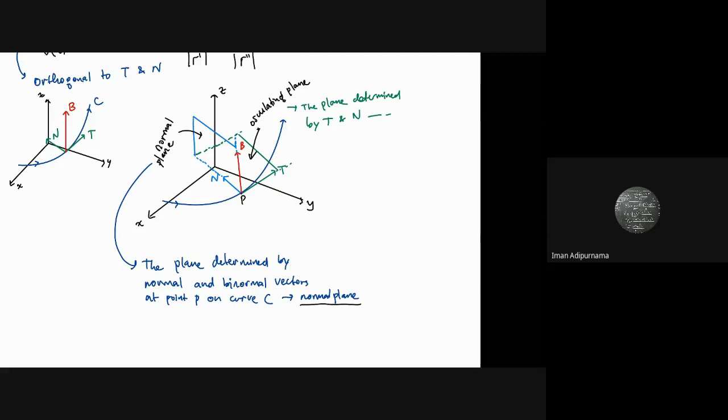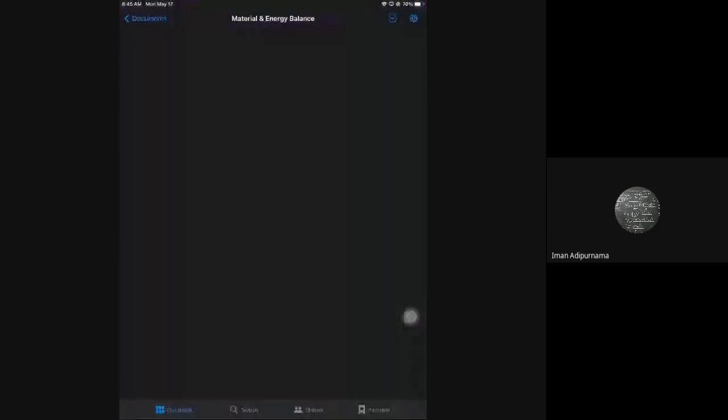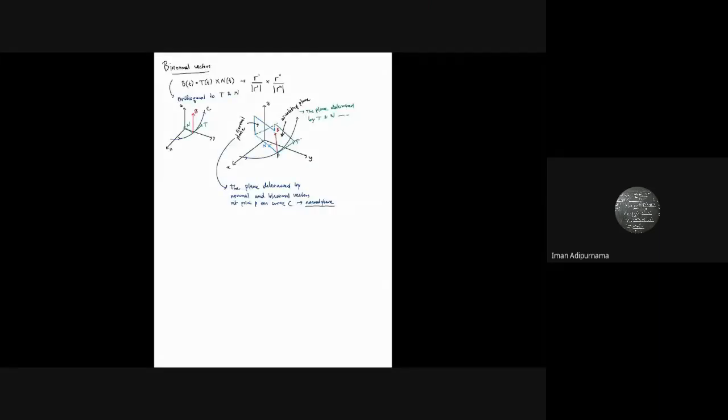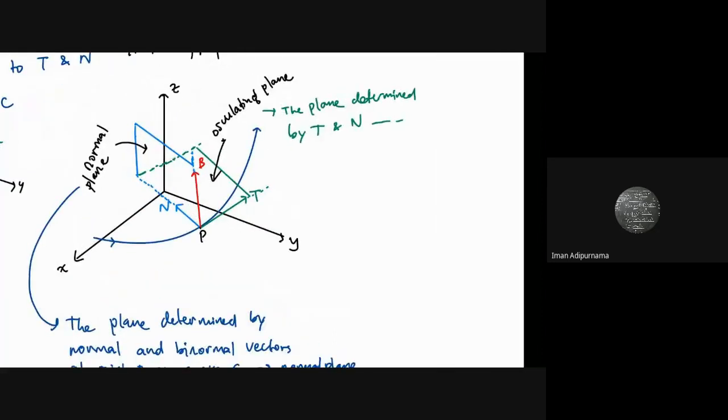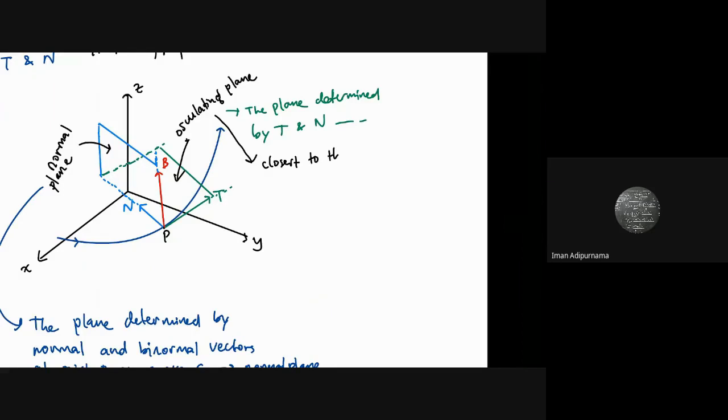So we can also say that the osculating plane is the closest to the curve, or to the part of curve C. It's containing the curve itself.